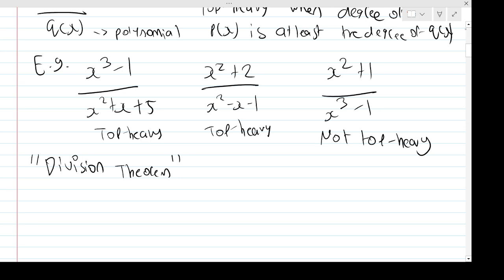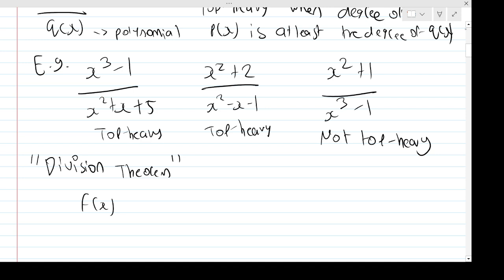if we have a function f of x, and I'm assuming that all of these are polynomials, we're doing polynomial division, so everything's polynomials here. f of x, g of x, the functions I'm referencing.